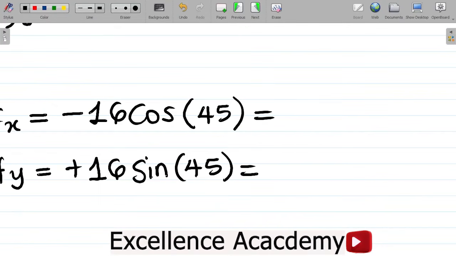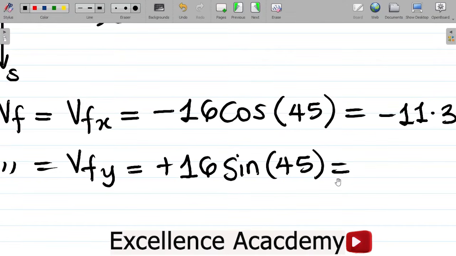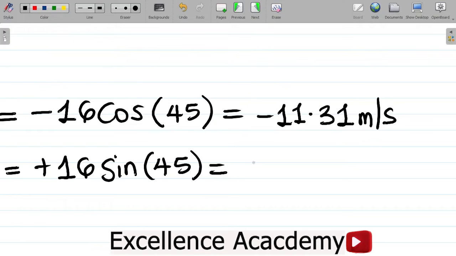The horizontal gives minus 11.31 meters per second. For the vertical, 16 sine 45 gives plus 11.31, basically the same value in meters per second but the opposite sign, positive.